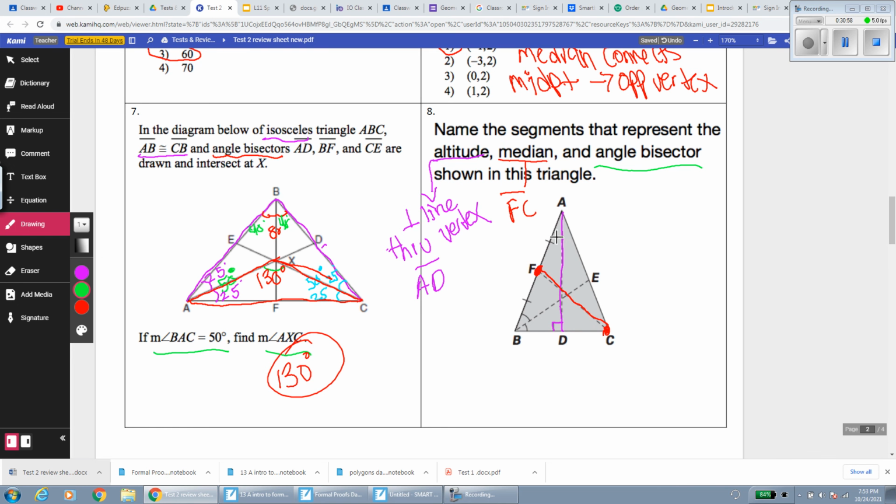And I don't see any marks on angle A. I don't see any marks on angle C, but on angle B, I do see these two congruence marks that I'm outlining in green. That lets me know that angle B is being cut into two equal or congruent parts. So I see angle B is bisected here. So the segment that's bisecting angle B is segment B, and that would be the angle bisector of angle B.